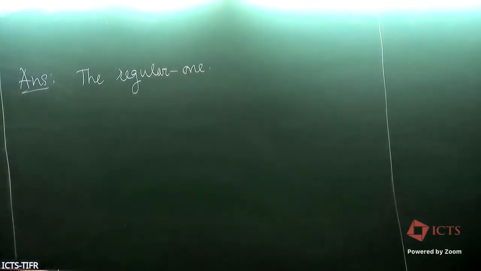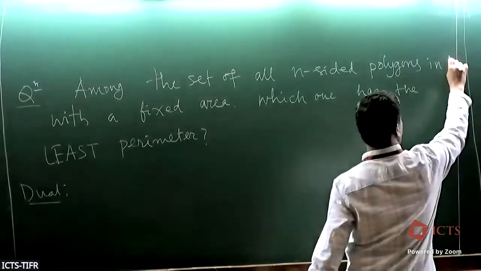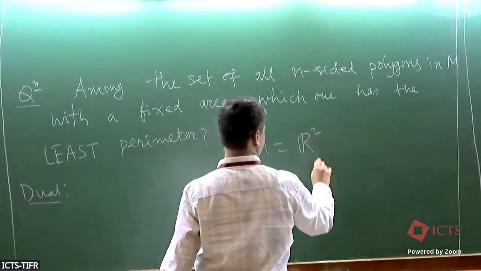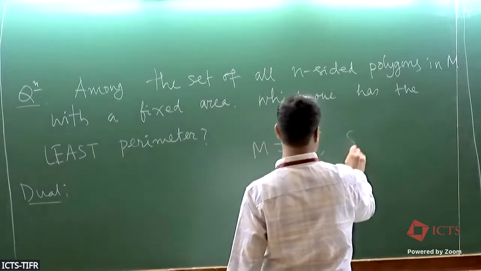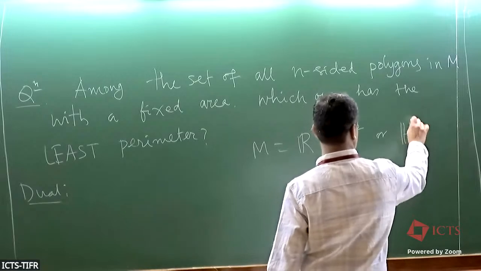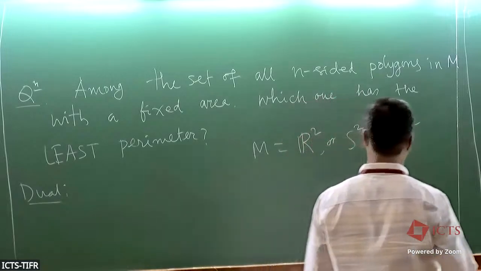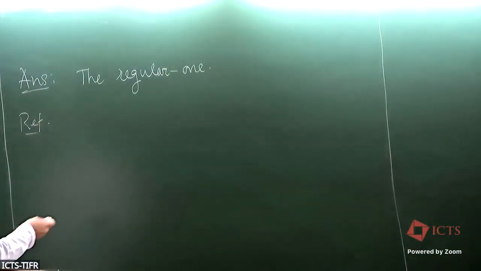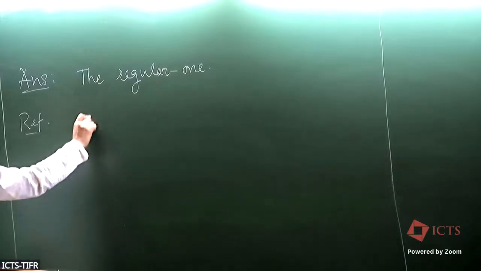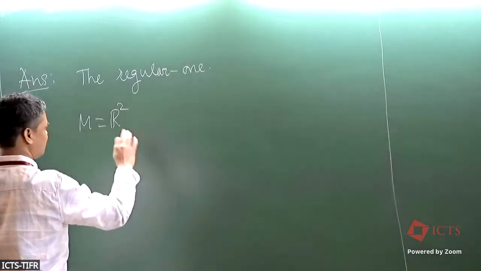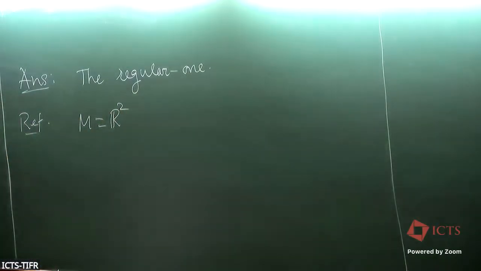So let us consider polygons more precisely in M, where M is the Euclidean plane, or the sphere, or the hyperbolic plane. For reference, for M equal to R2, this is very easy, an easy exercise.